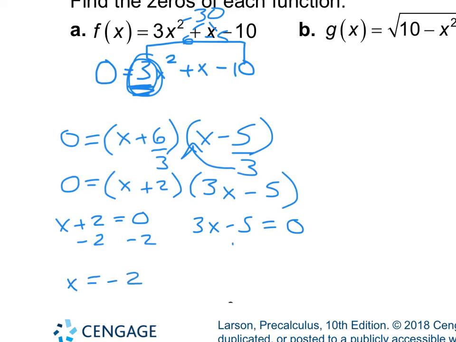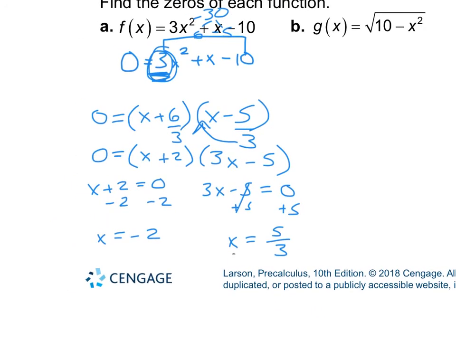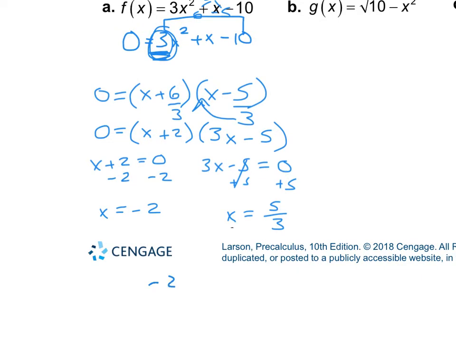Our second equation, we need to add 5 to both sides, and then we divide both sides by 3. So we get x is equal to 5/3. So our two zeros of our graph here are going to be negative 2 and 5/3.